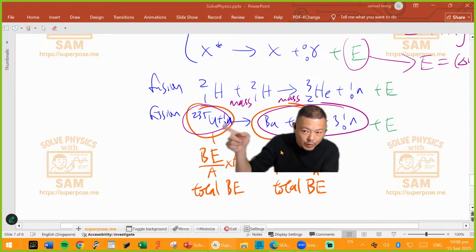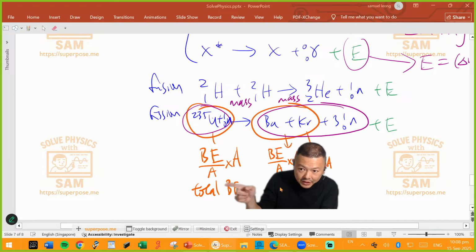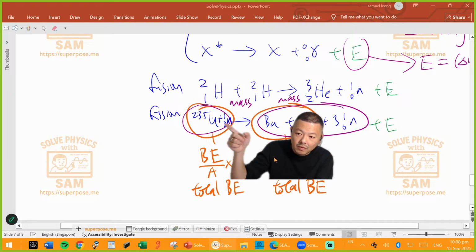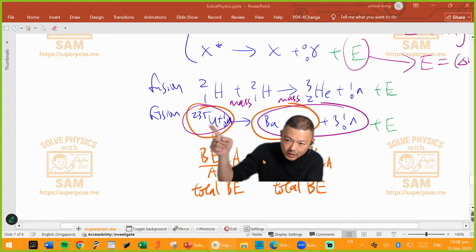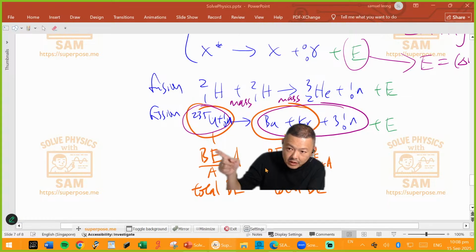But when you calculate using binding energy, don't forget, standalone protons and neutrons do not have binding energy. Only the nuclei, the compounded nuclei, have binding energy.